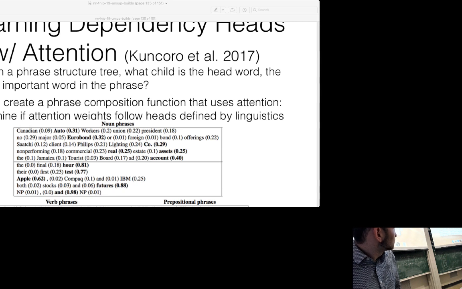So for example, here, where's the example? I haven't looked at this in a while. Yeah, okay, it and heart, there we go. So this is it in the next sentence, and this is heart in the previous sentence.